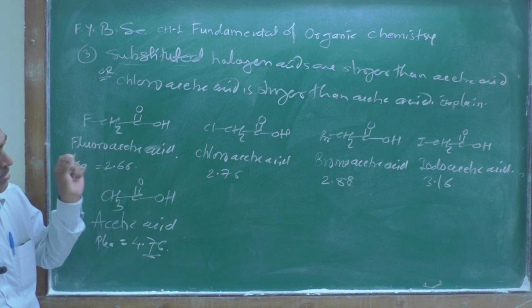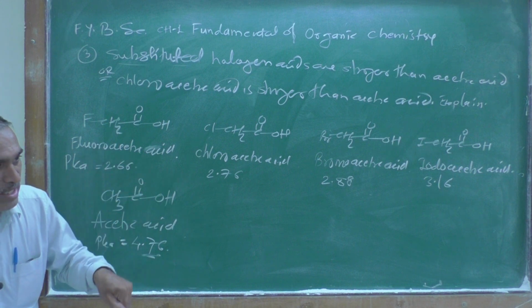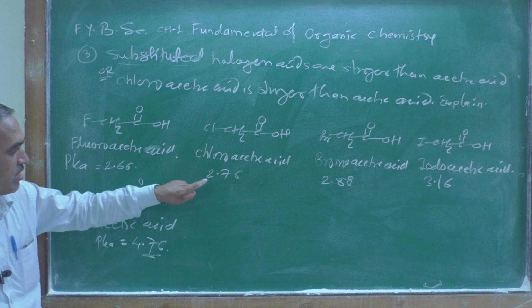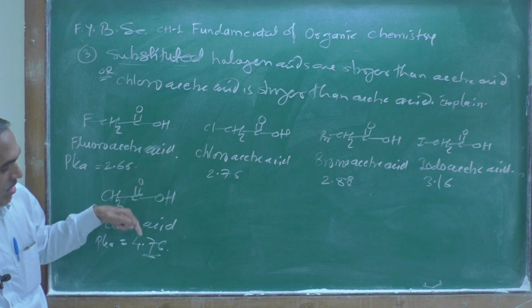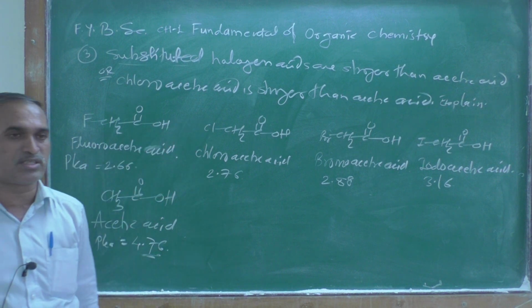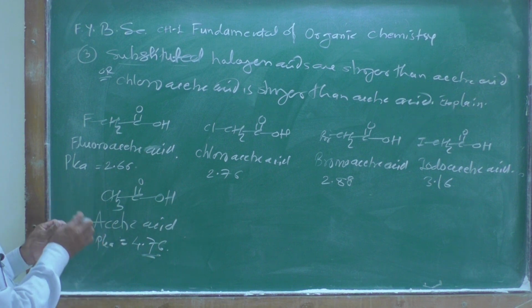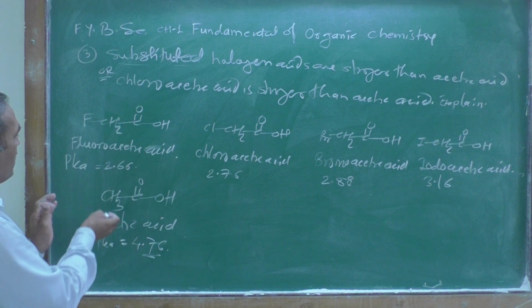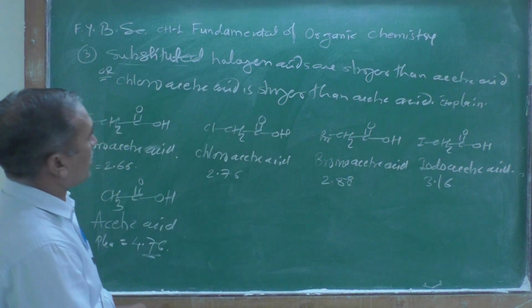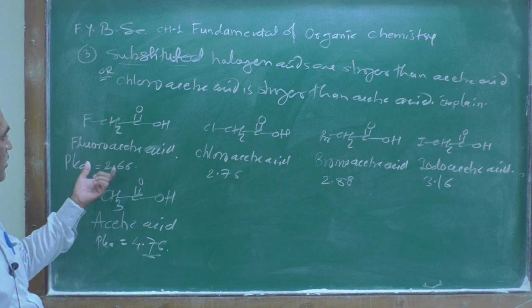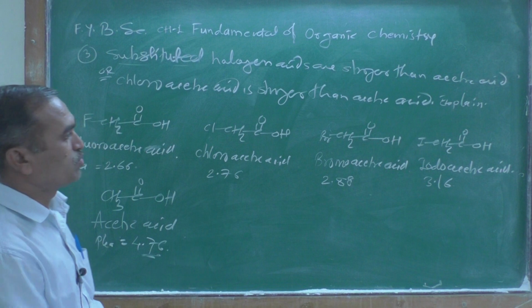As the pK value decreases, acidity goes on increasing. The pK value is less here and greater here, and therefore chloroacetic acid is stronger than this one. If you compare between these substituted halogens, fluorine is the strongest. Why is this so?